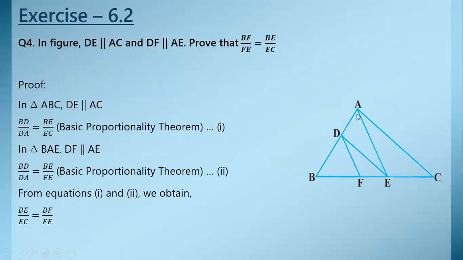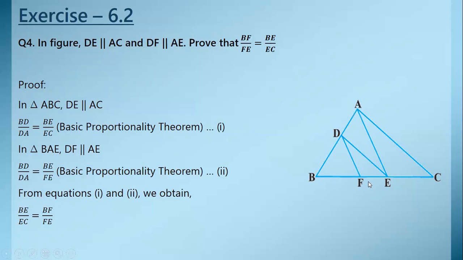First, we'll consider triangle ABC, DE is parallel to AC. So by the basic proportionality theorem, we know that BD by DA is equal to BE by EC. This will be the first equation for us. Again, let us consider the small triangle BAE. Here, DF is parallel to AE.